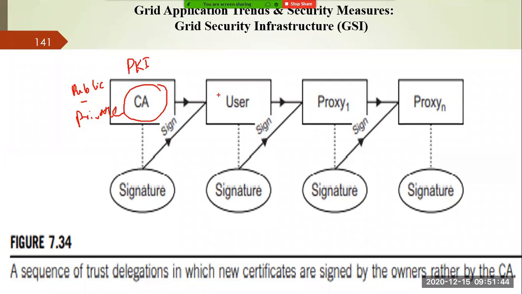Next, the user signs and creates the proxy certificate. That's why it is written that the new certificate is generated by the owner itself. Similarly, from one proxy certificate, you can generate another proxy certificate, and this process will continue. That's why it is called a sequence of trust delegation, in which the new certificates are signed by the owner, not by the certification authority. Further certificates are done by the user only, not by the certification authority.